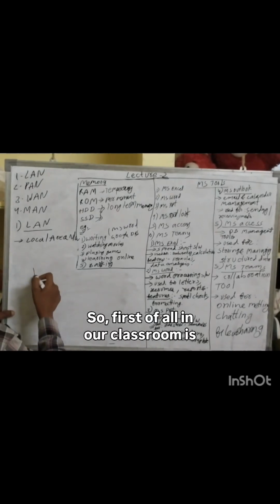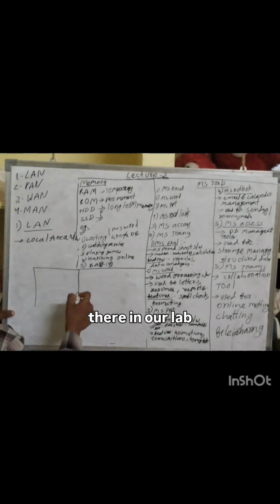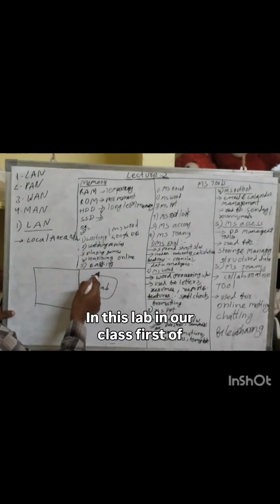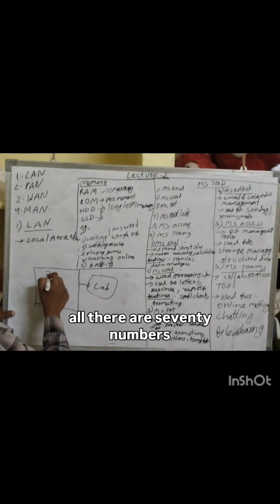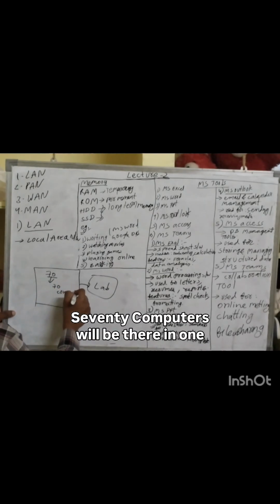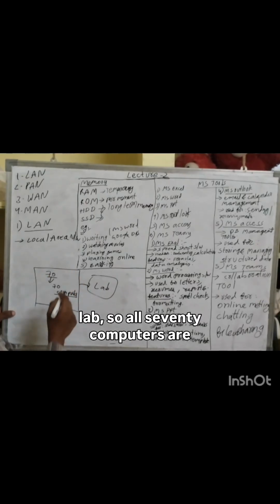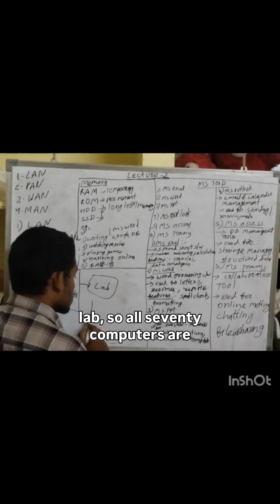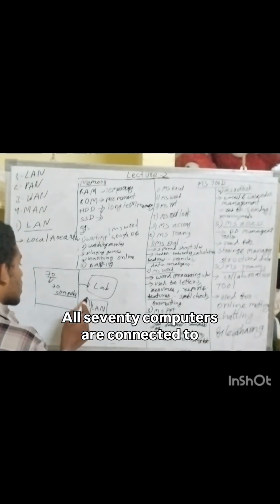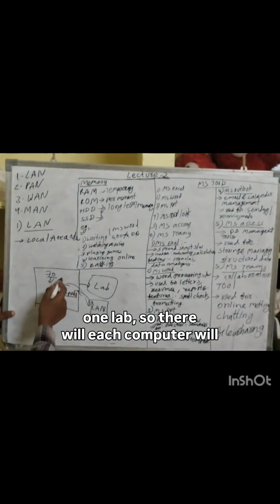For suppose in our classroom, in our lab, there are 70 members, which means there are 70 computers in one lab. So all 70 computers are connected to one LAN. Each computer will be connected.